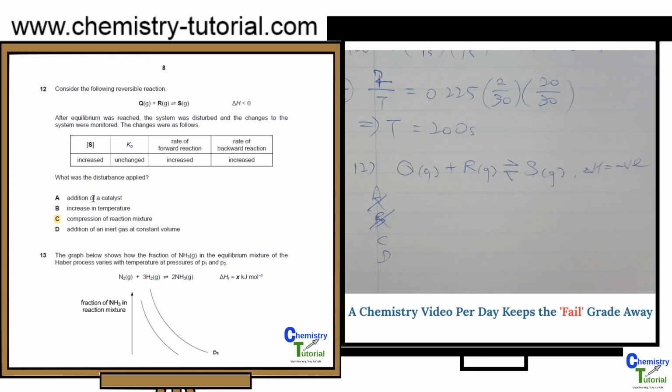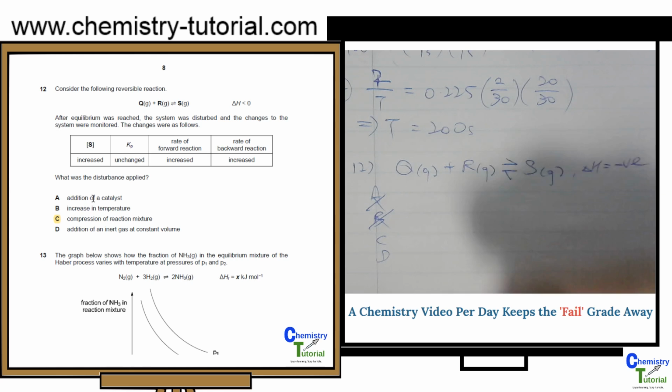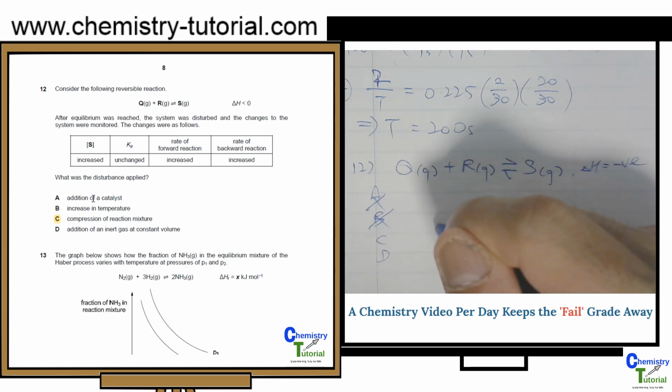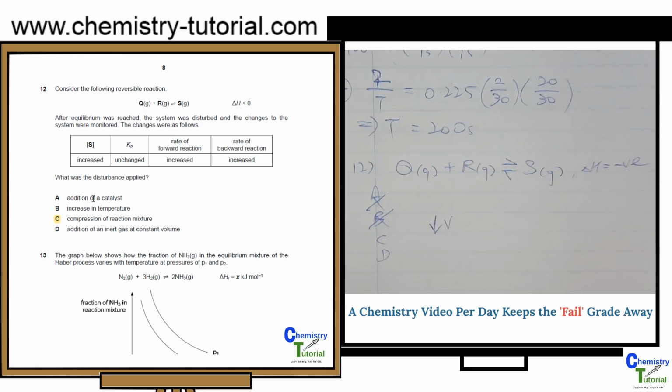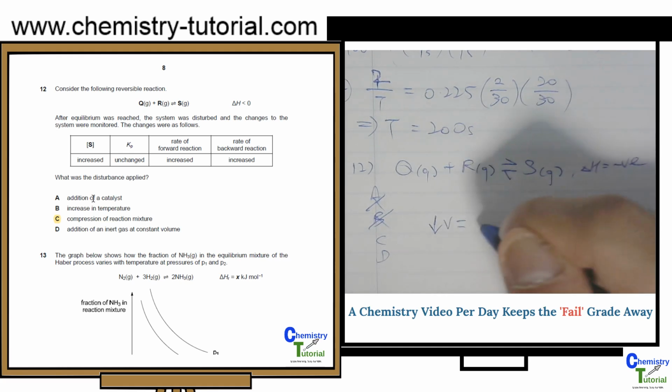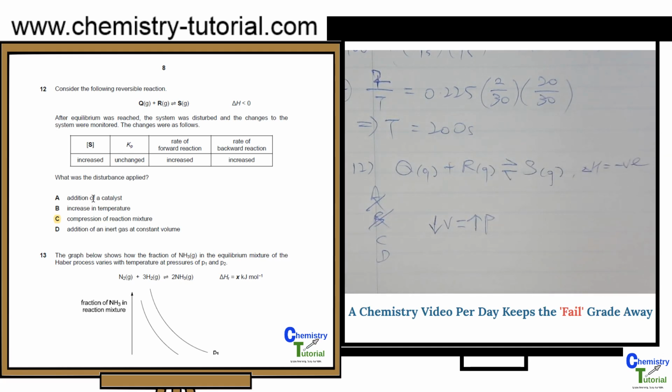Let's look at option C. There's a compression of the reaction mixture. So if you compress the reaction mixture, that means you are trying to reduce the volume. When you reduce the volume, that means you are trying to increase the pressure. So based on Le Chatelier's principle, the system will respond in such a way as to decrease the overall pressure.